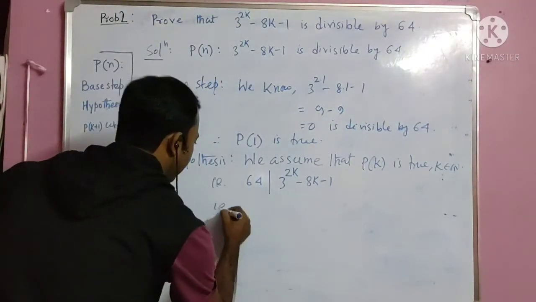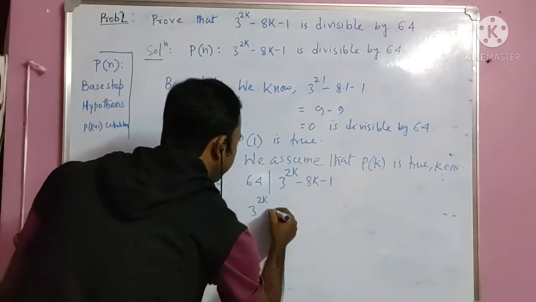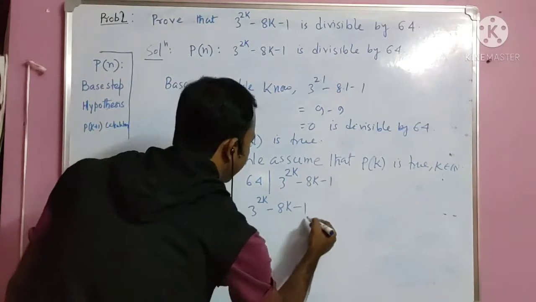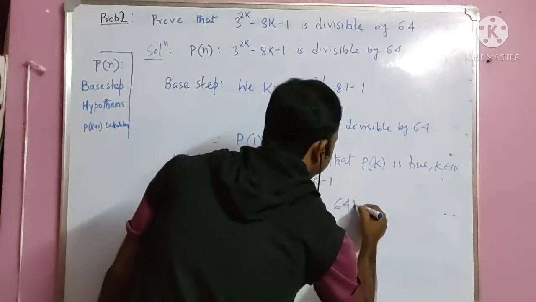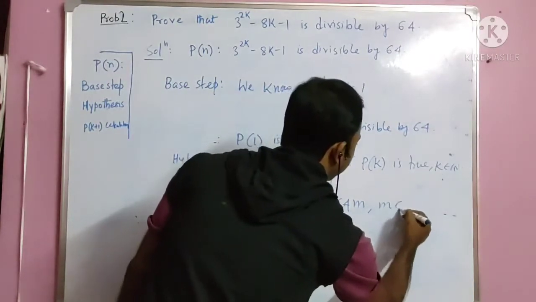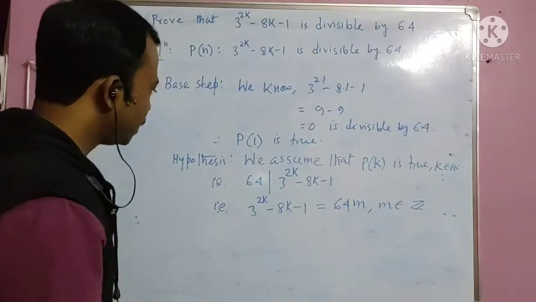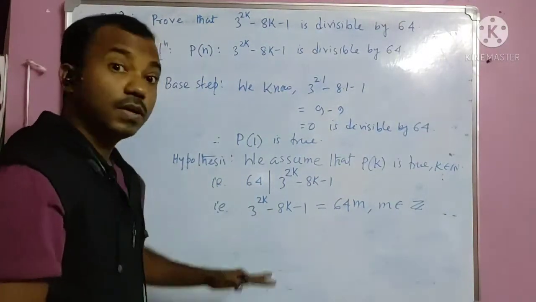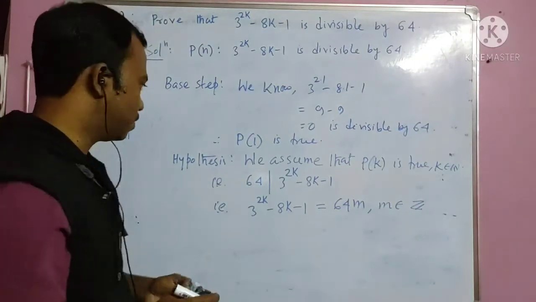Next, we can write this in this way: 3 to the power 2k minus 8k minus 1 is divisible by 64, that is, a multiple of 64, equal to 64m for some m belonging to the integers. Well, we have to calculate now the final step, the calculation of Pk plus 1.